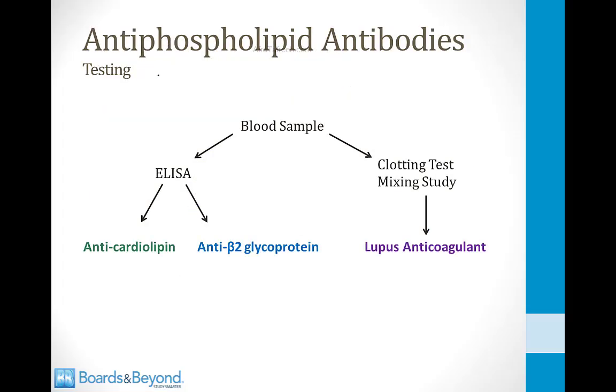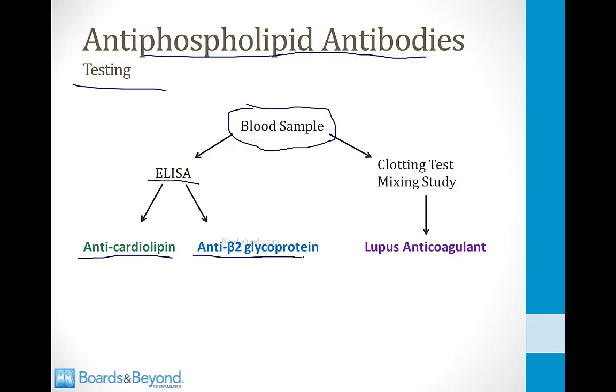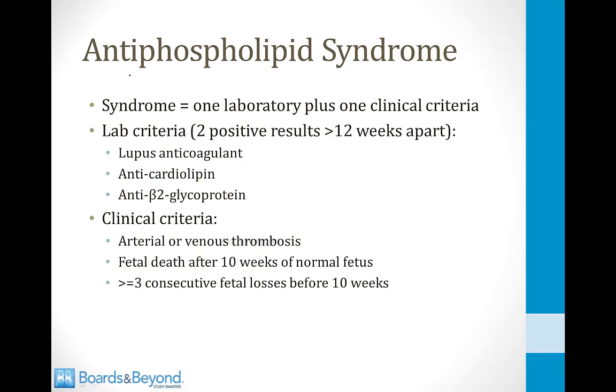So here's a summary of the testing that can be done to detect the presence of antiphospholipid antibodies. It all begins with a blood sample. ELISA testing can be used to identify the anticardiolipin and anti-beta-2 glycoprotein antibodies. Then a clotting test and a mixing study is usually done to identify the presence of a lupus anticoagulant. A lot of patients have antiphospholipid antibodies but do not have the antiphospholipid syndrome.